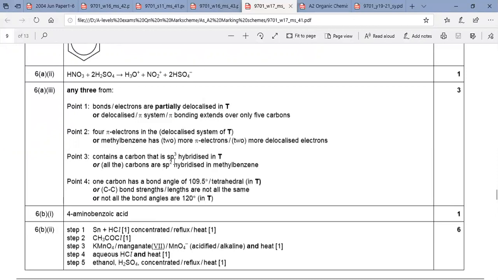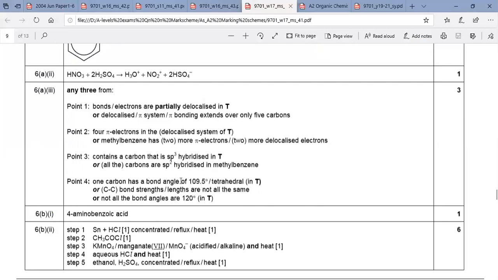The third point is for the intermediate, one of the carbons is sp3 hybridized, but for benzene, all the carbons are sp2. The fourth point, the angle.